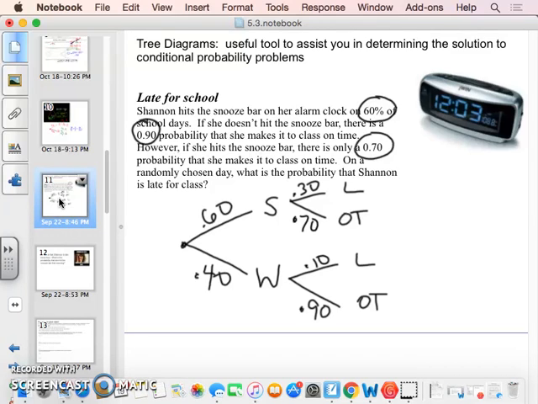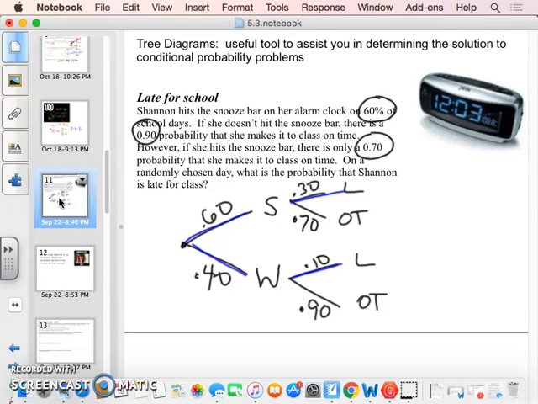So we want to know, on a randomly chosen day, that she hits the snooze bar, on a randomly chosen day, that she's late for class. Well, late occurs here, and it occurs here. So we've got to find out these probabilities.